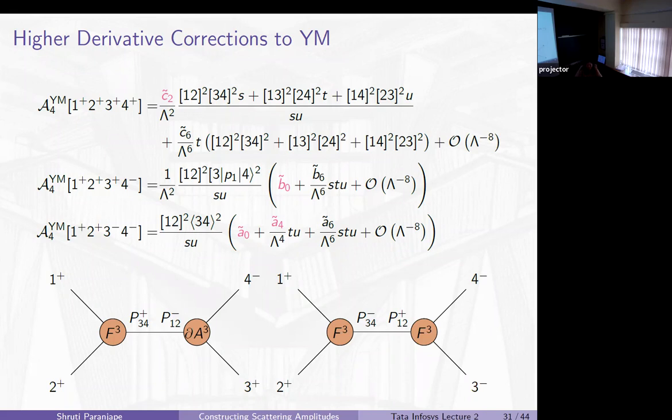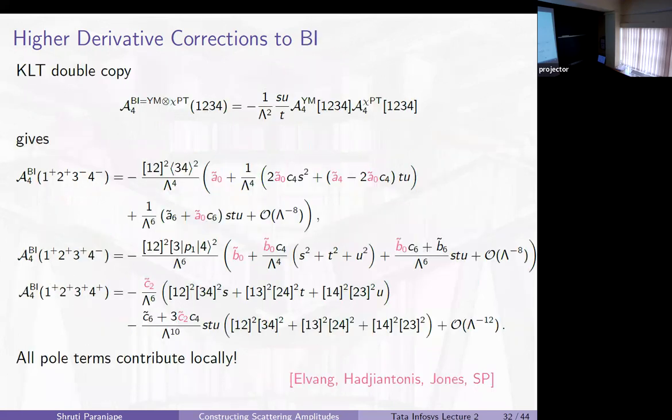You can do this double copy and get all the Born-Infeld amplitudes out, and none of them have poles. It's kind of magical that this works, and it works beyond 4 point as well. Locality is so built into the way you define KLT, even with higher derivatives.